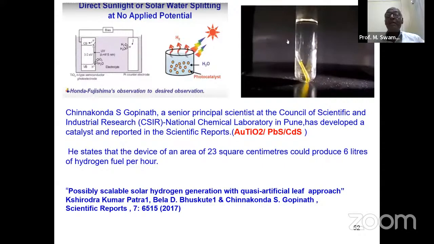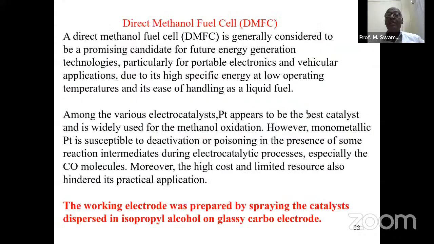And now another one is direct methanol fuel cells, a future energy generation, particularly for electronics and vehicular applications. Earlier they used only platinum as the anode catalyst, whereas it is susceptible to deactivation and poisoning. That is why they changed the platinum into another working electrode using nanomaterials.